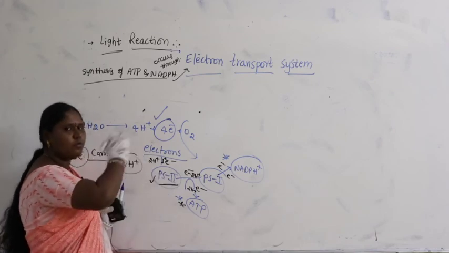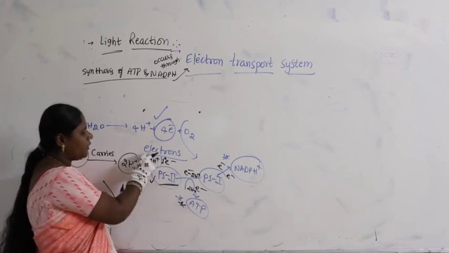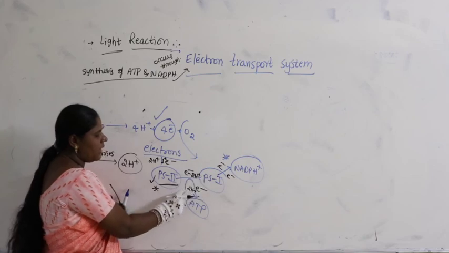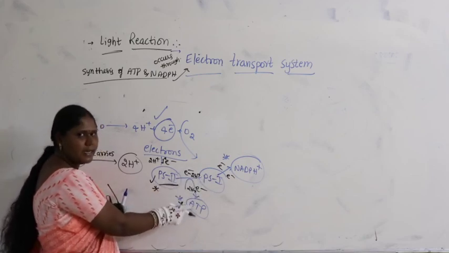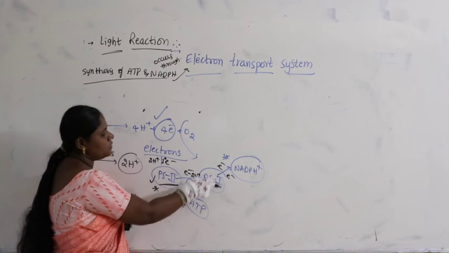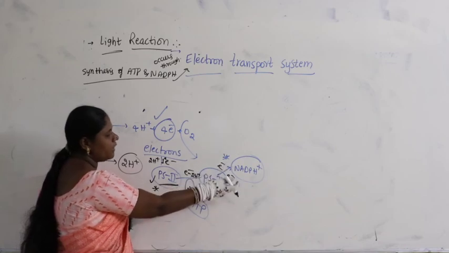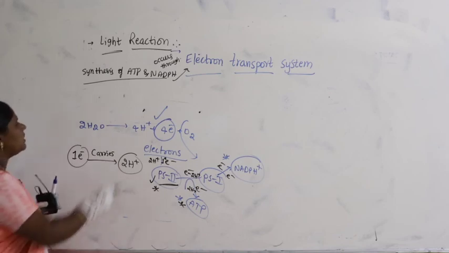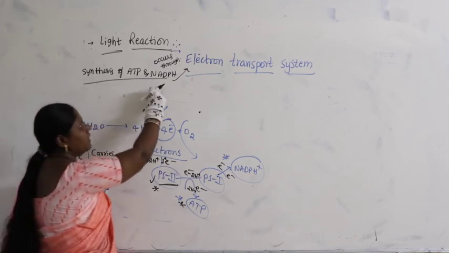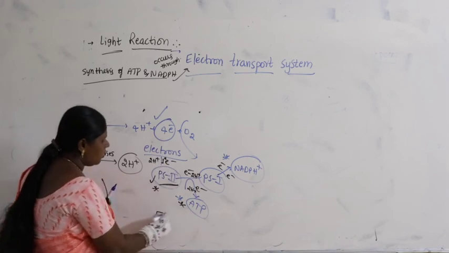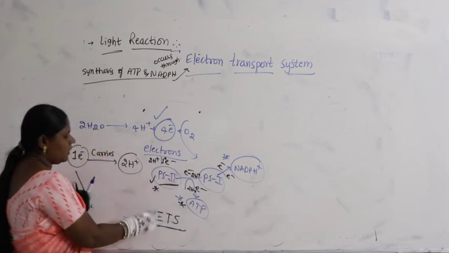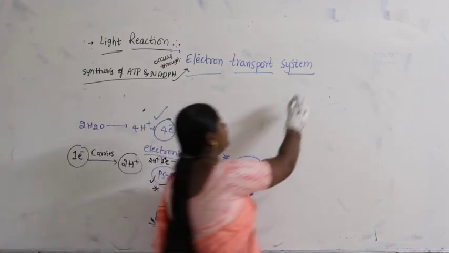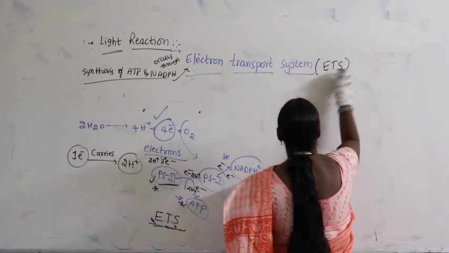But just the overall flow: electrons first enter PS2, go to PS1 synthesizing ATP, and from PS1 go to the next component, which is involved in synthesis of NADPH. So synthesis of ATP and NADPH occurs through the electron transport system. E means electron, T means transport system.